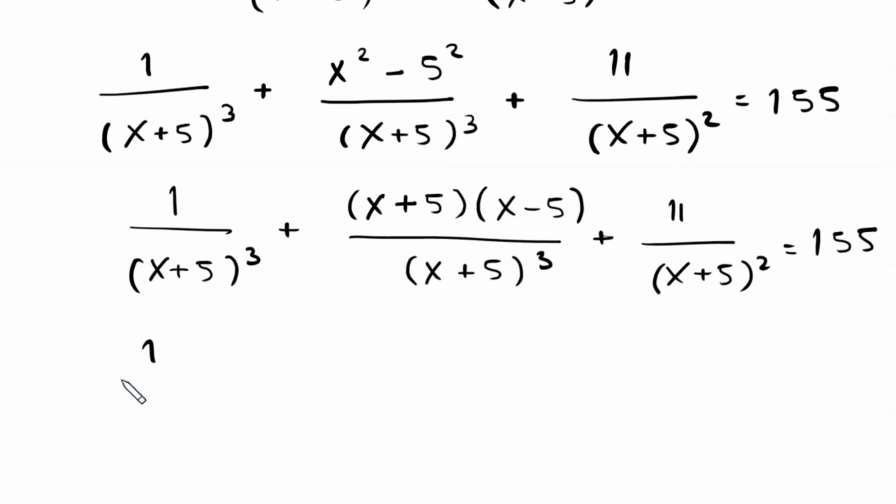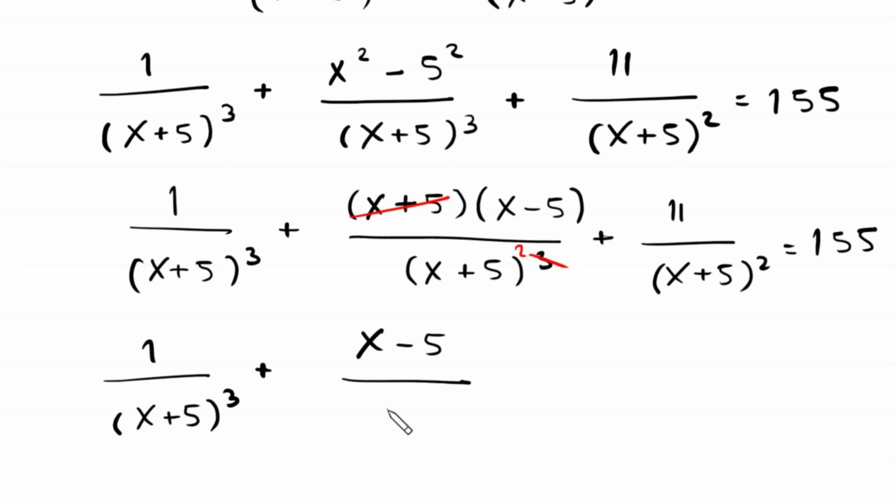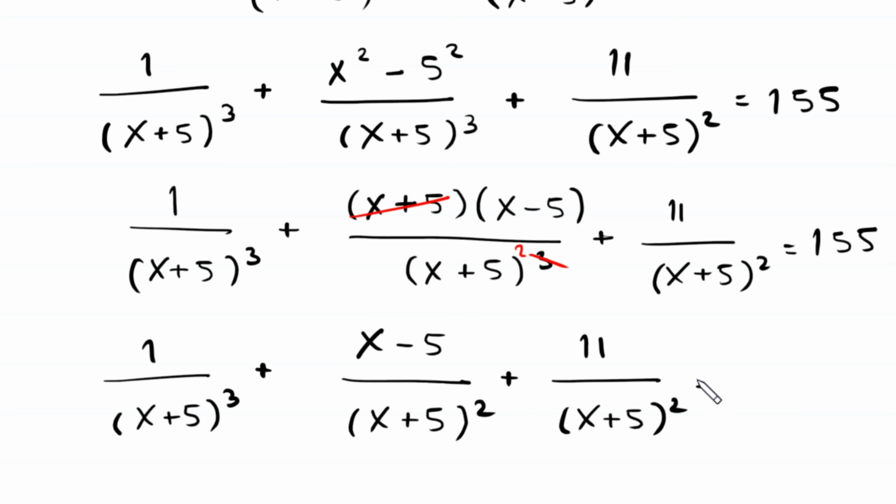Next, 1 divided by (x plus 5) whole cubed plus this x plus 5 will be cancelled out and this will become square. So this fraction will become (x minus 5) divided by (x plus 5) whole squared plus 11 divided by (x plus 5) whole squared equal to 155.